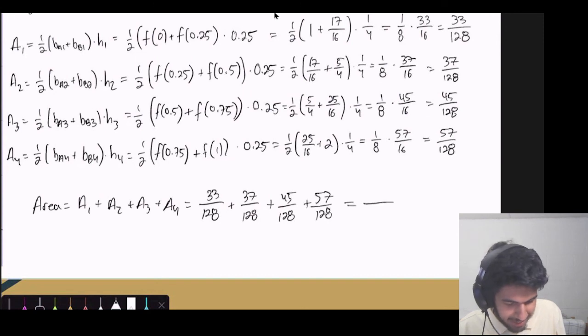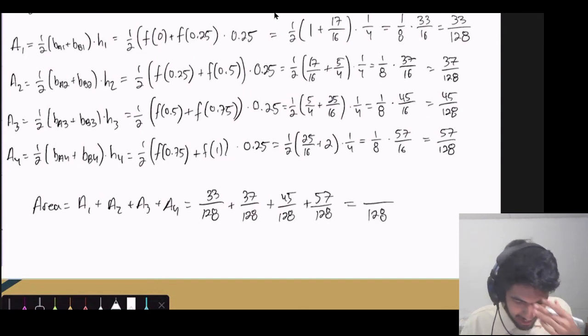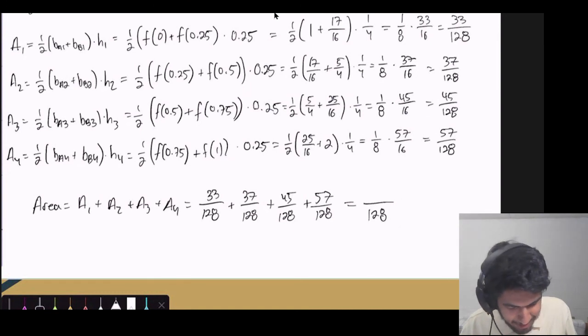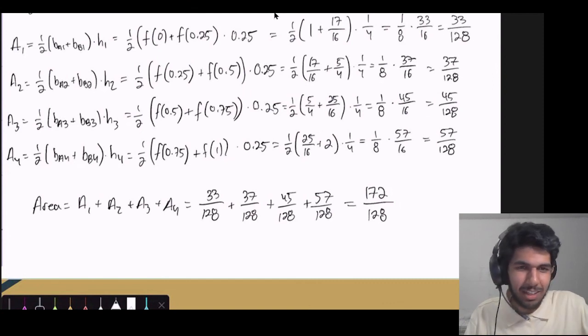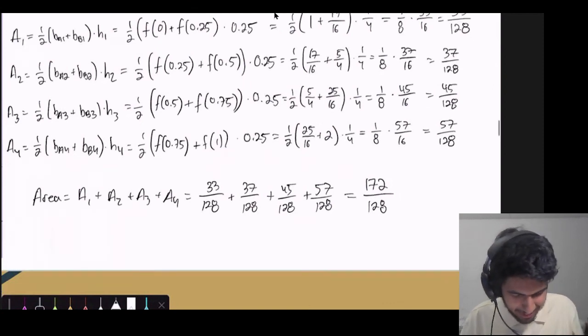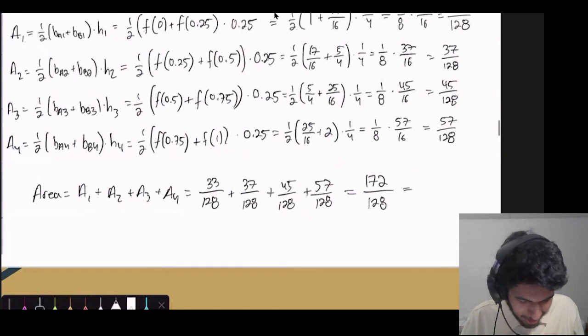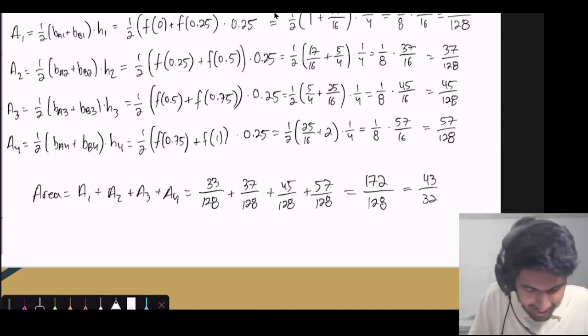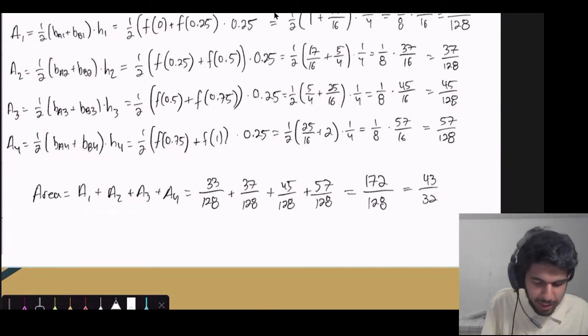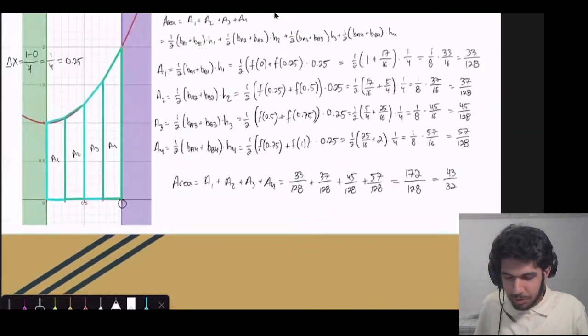What is this going to be equal to? 172 over 128. What does that reduce down to? We can figure that out just for fun, because I'm curious now: 43 over 32. And that's going to be approximately 1 1/3, so 1.33.